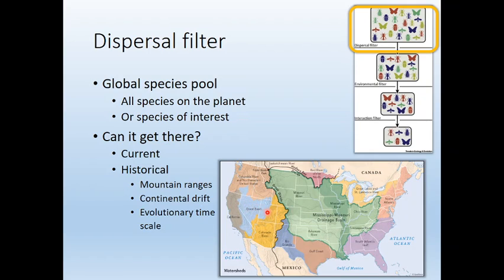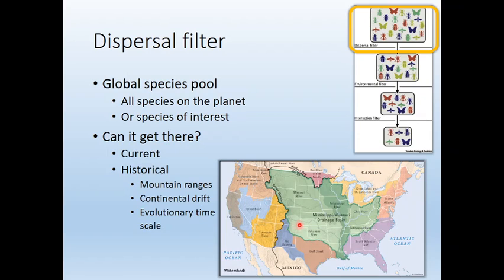So we might not expect largemouth bass that evolved in the Mississippi, Missouri drainage basin to be over on the west coast. But maybe there was a time, not necessarily with largemouth bass, but maybe there was a time before the Rocky Mountains existed that a species could have gotten back and forth across these river drainages.